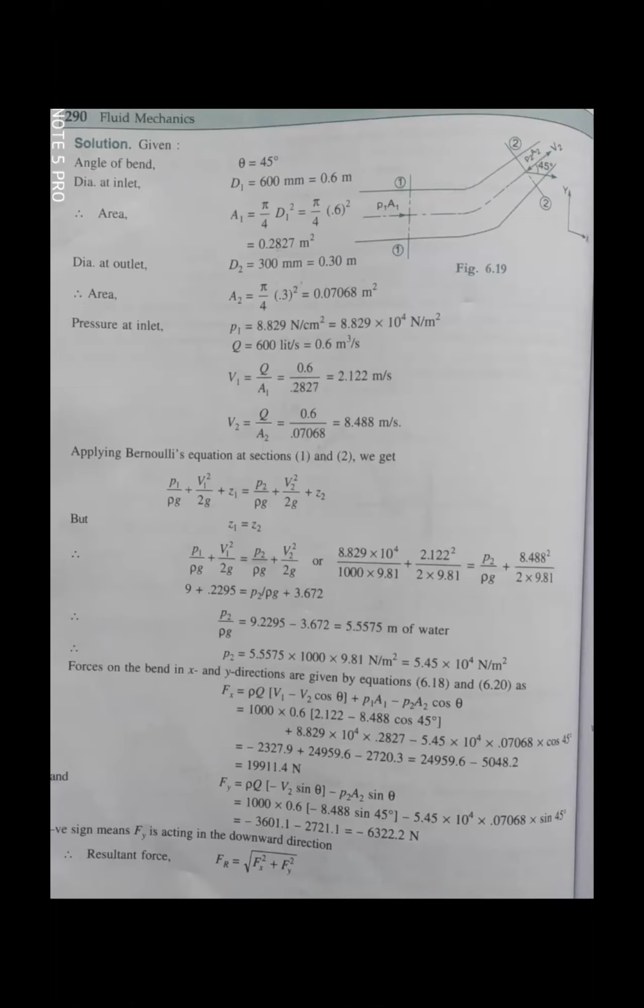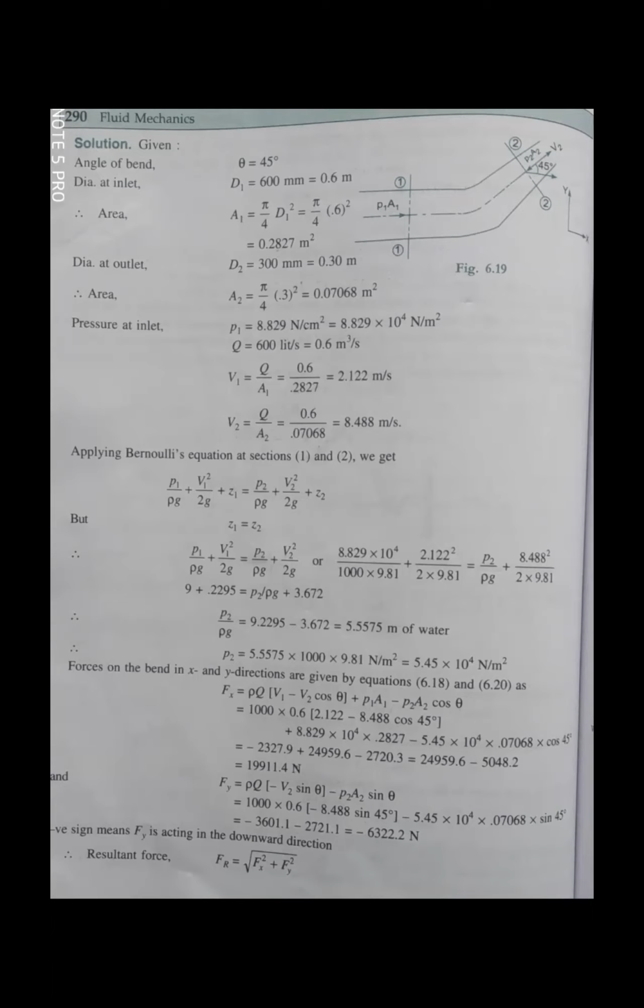So if the discharge is given, you can write the continuity equation as Q equal to A1 V1 equal to A2 V2. But the discharge is given in liters per second. Every time, I suggest converting the given units into the SI system of units, which will help you find the required answers in proper SI units.